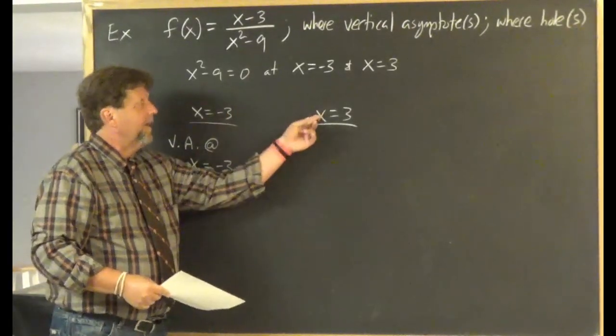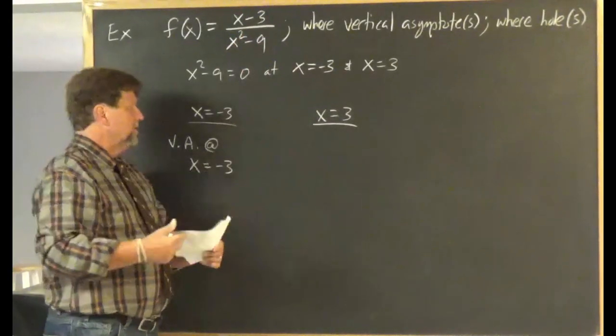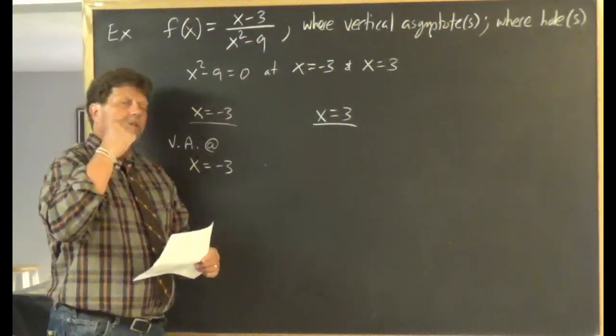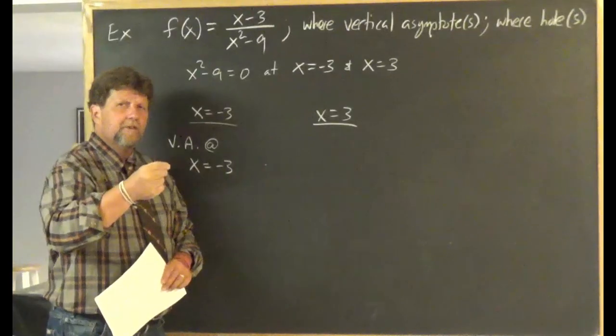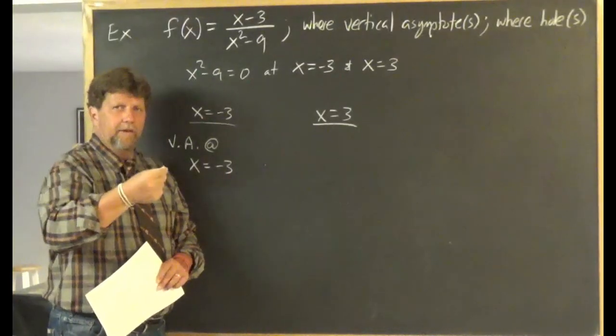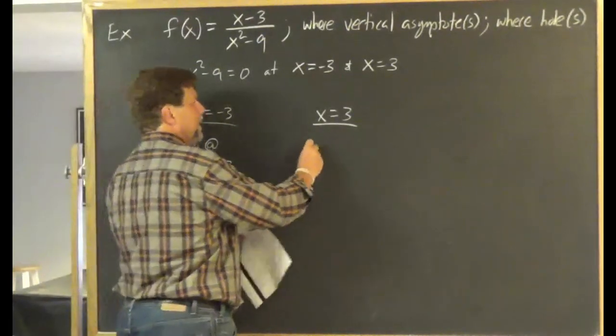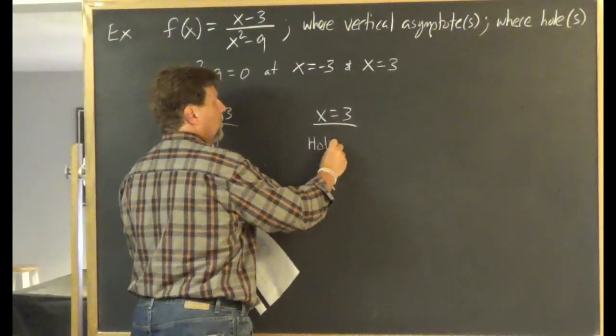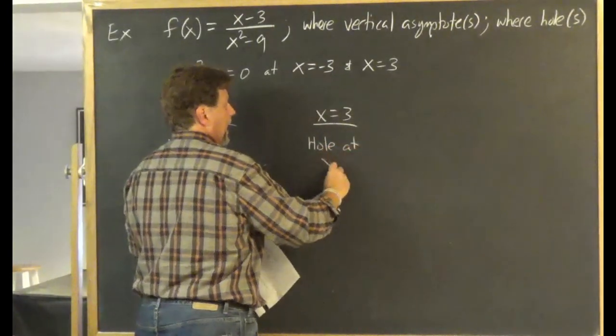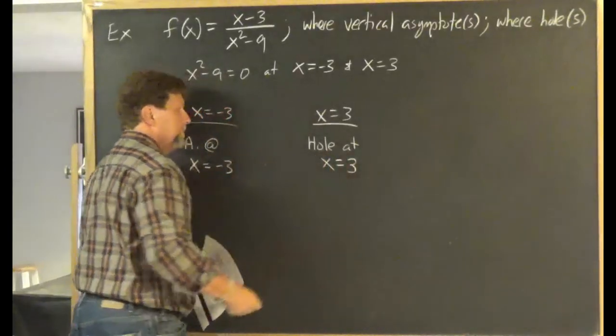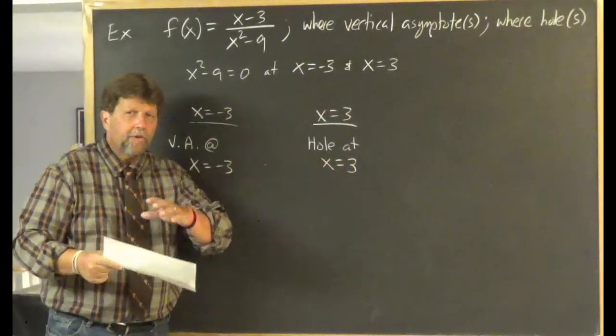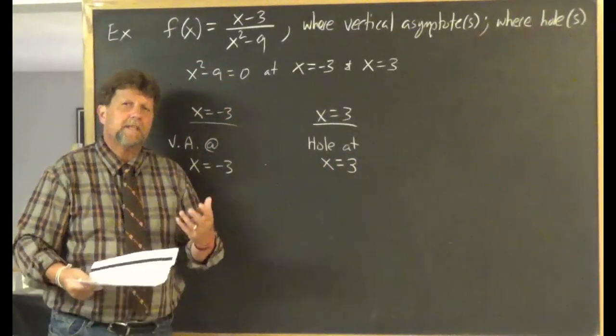For that value of x, the numerator is also 0. So it's a value of x that makes the denominator 0 and the numerator 0. That tells me that the graph has a hole at x equals 3.